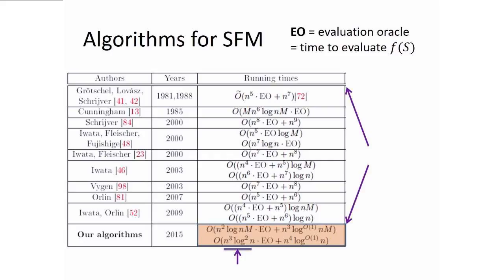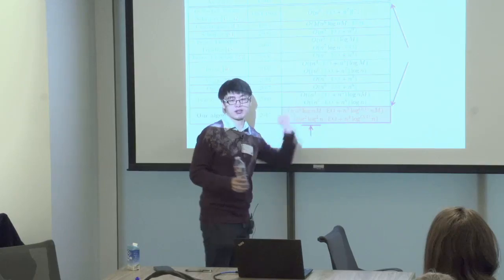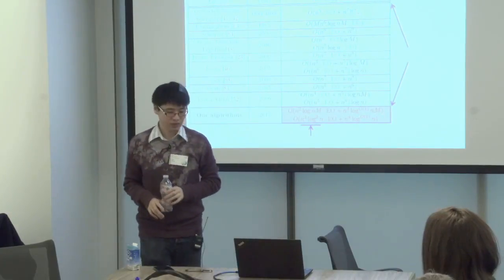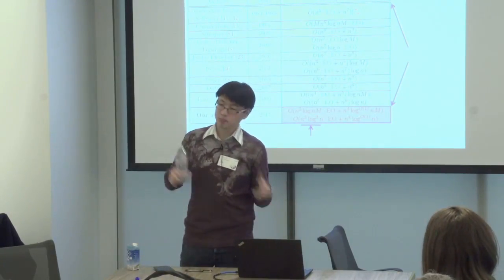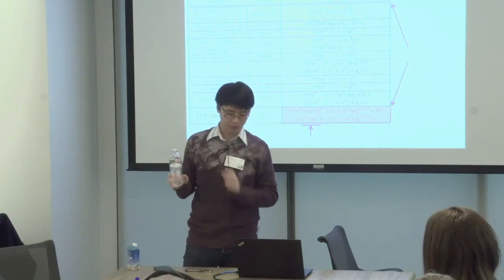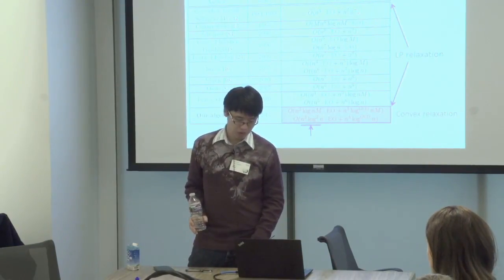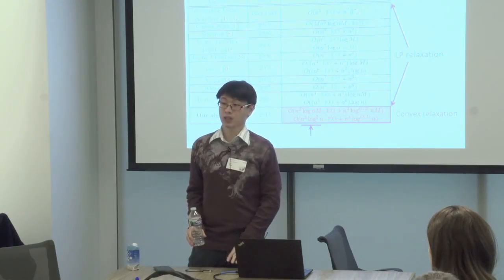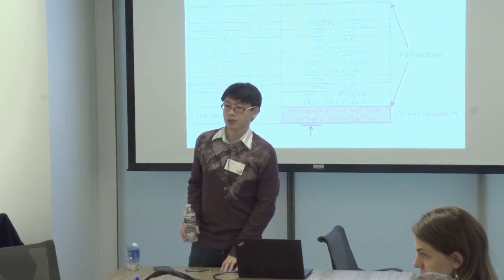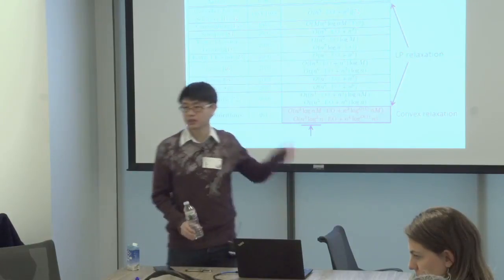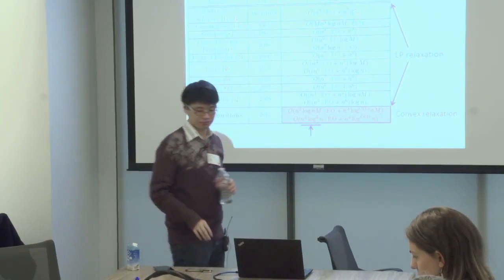So for this work, we got basically an n squared times faster algorithm than what people have done before. And going back to our convex versus linear paradigm, we pretty much got this result by considering the convex relaxation of the submodular minimization problem instead of the standard LP relaxation of it.